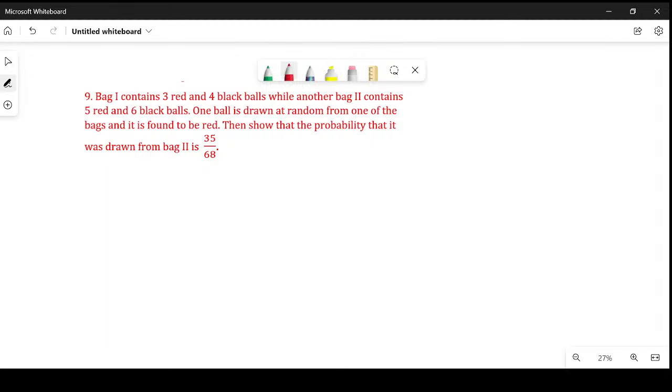First, you should select the bag. Consider E1 as choosing bag 1, and E2 as choosing bag 2.